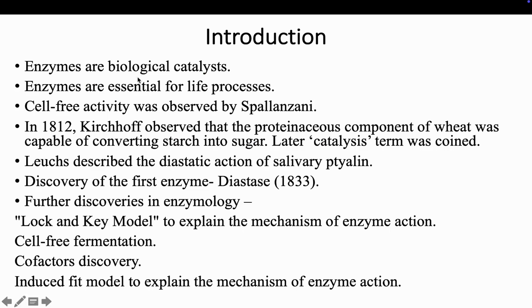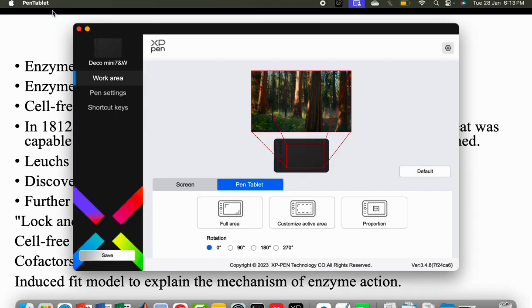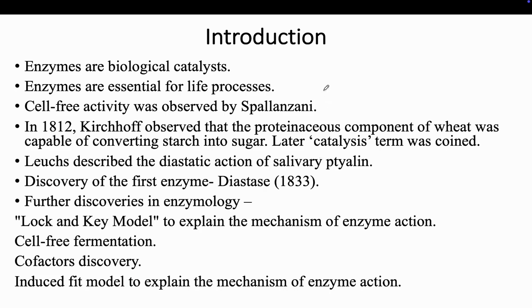So enzymes are biological catalysts, as I mentioned, and they are essential for all the life processes, which include replication, metabolic reactions, transcription and translation processes.